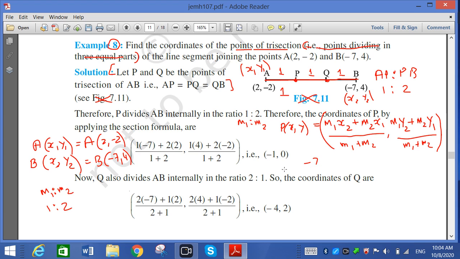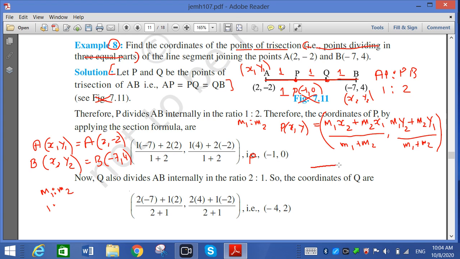Now the value of y: 4 ones are 4, plus 2 into -2, that is -4. So 0 divided by any number, the answer is 0. So -1 comma 0 is the coordinate of P. Now the coordinate of P we have got here, that is (-1, 0).